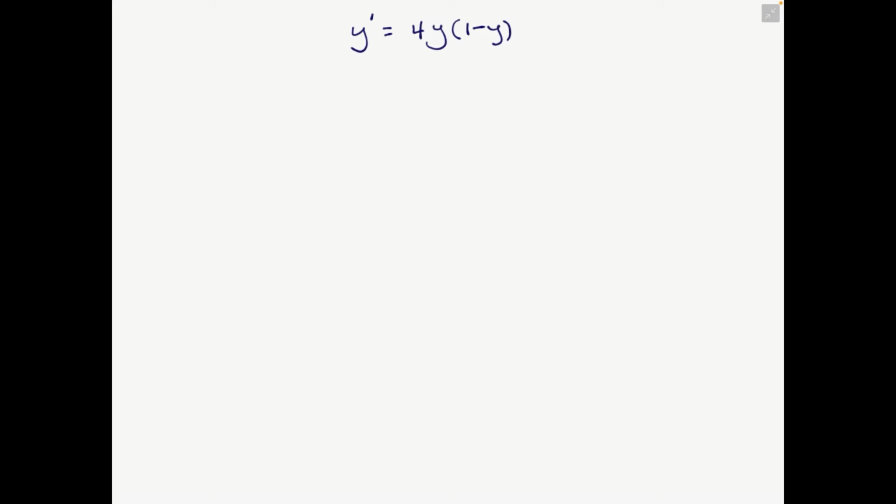And what we do is, for any given x, so let's say we have an xy coordinate system, and we have y here, and where is this function defined?